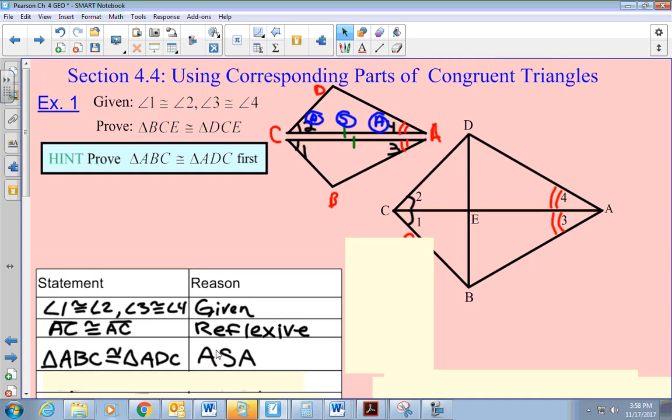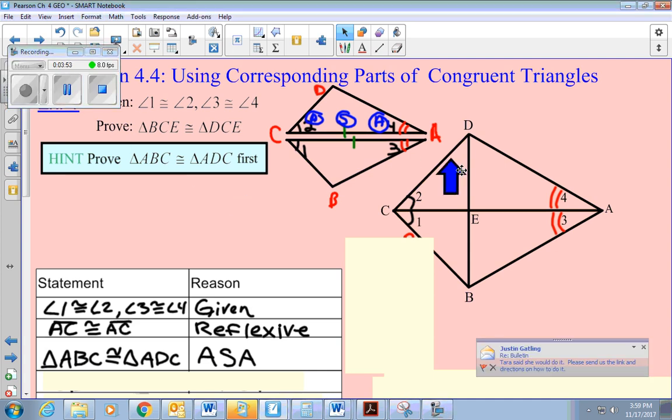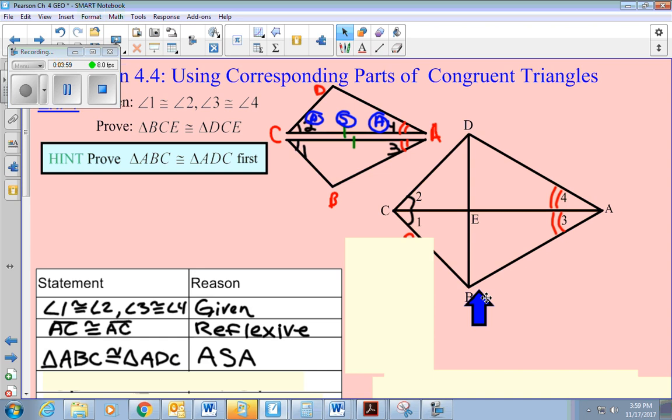So this is where we're going to use corresponding parts of congruent triangles. Okay, so we just proved that these two triangles, ABC and ADC, are congruent by angle side angle.